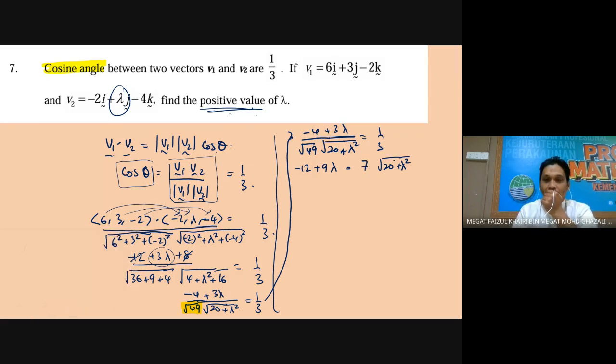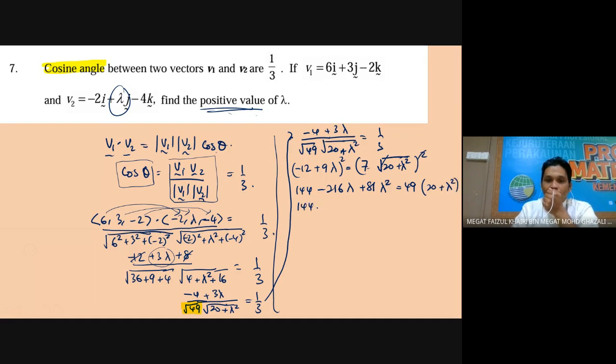So now we are going to eliminate the square root sign by squaring both left and right. Okay, so negative 12 squared, 144. Negative 12 times 9, negative 108, another negative 108, negative 216 lambda, plus 81 lambda squared. 7 squared, 49. And then this one clears between these, then you get 20 plus lambda squared.